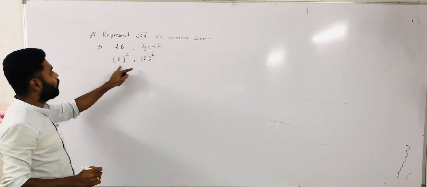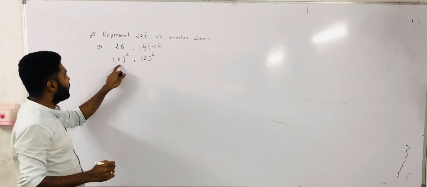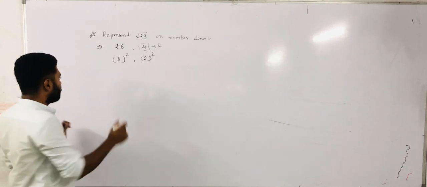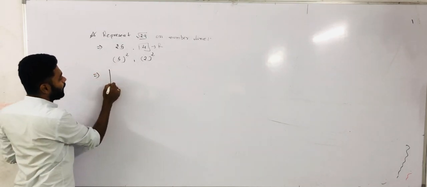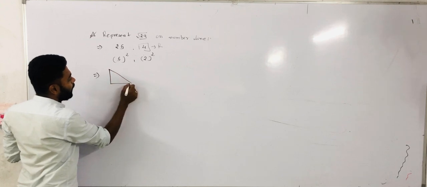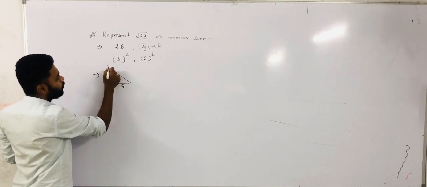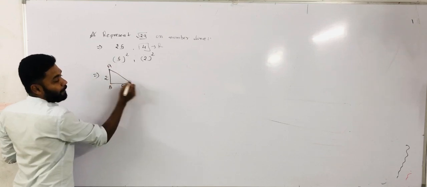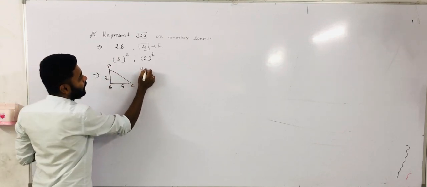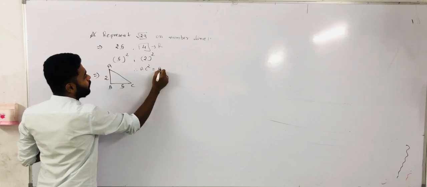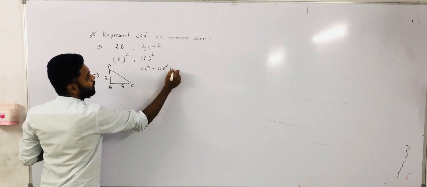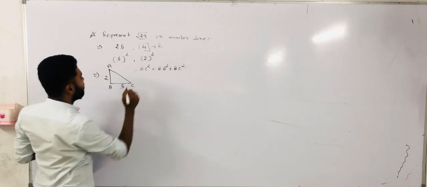So we have to take two values on a right angle triangle, that are 5 and 2. If we use the Pythagoras theorem, and take one side equal to 5 and another side equal to 2, then by Pythagoras we get AC square equal to AB square plus BC square.